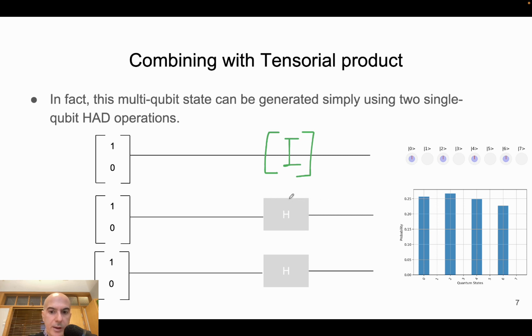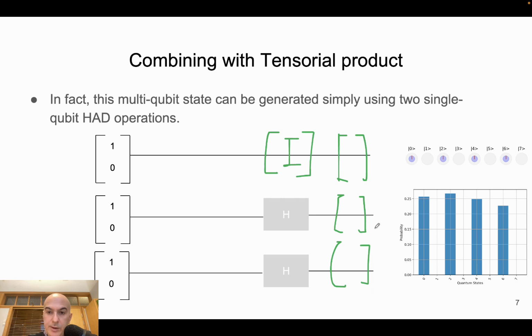Here there is a Hadamard gate that puts the qubit in superposition, and here another Hadamard gate. So we apply this operation to the initial state of our qubit, and then we obtain a state for each of these qubits in a separate way.